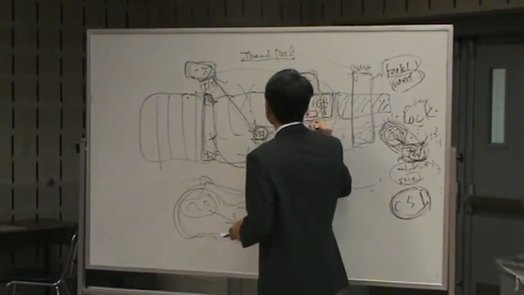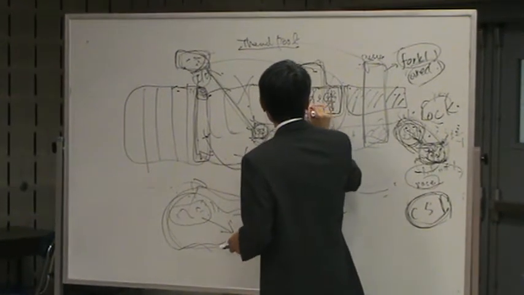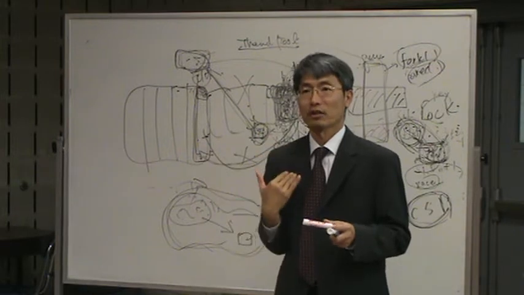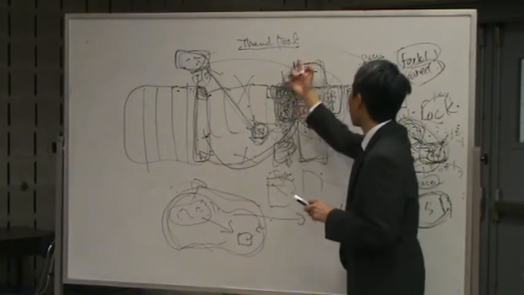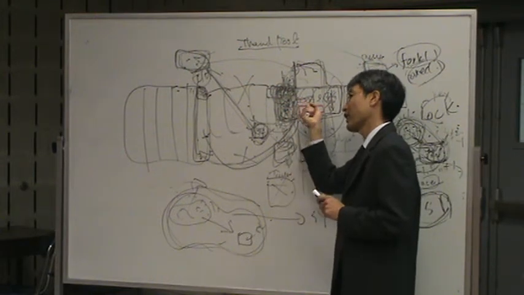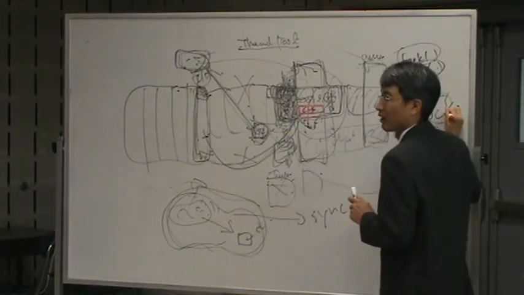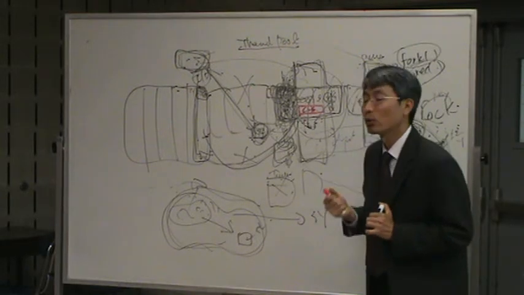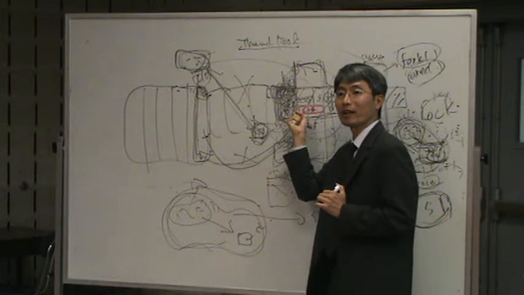To enter this critical section, you need to get the permission. Even though this is a part of this process, first you need the key. When you have the key, you can enter this critical section.